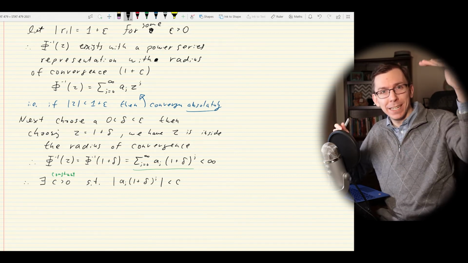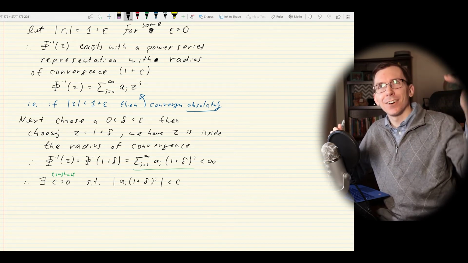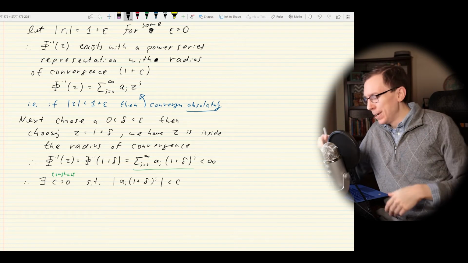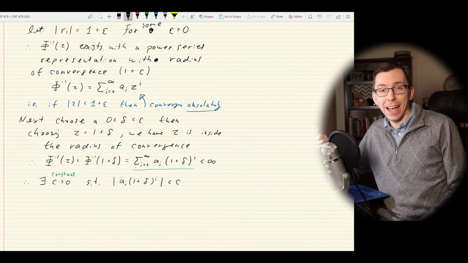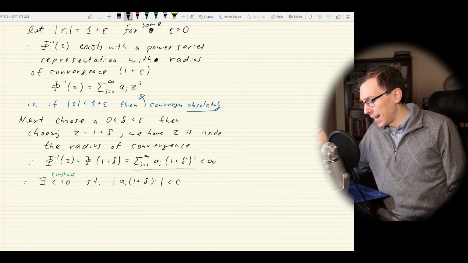They could get large in a finite sense and then decay, but in the long run these terms have to go to 0, and pretty fast, or else this thing is not going to converge.